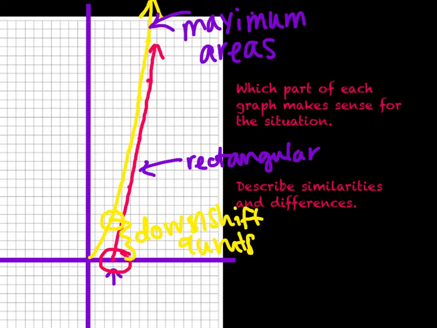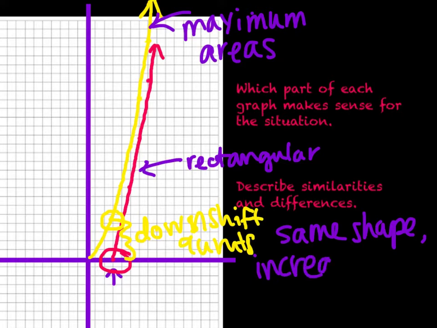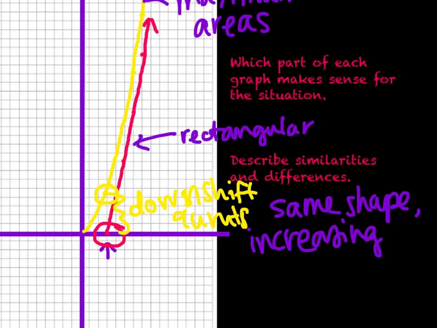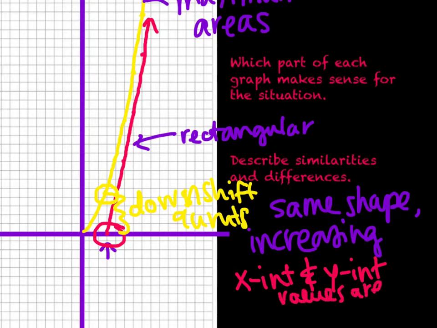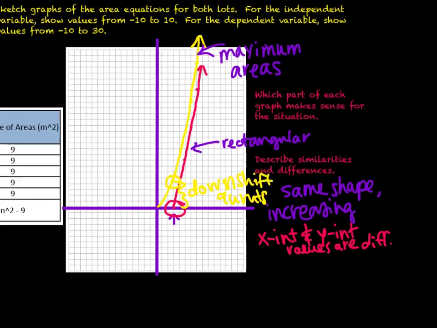The differences and similarities: they have the same shape, and they are increasing similarly, but the second graph is different in that it probably has a different x-intercept and probably also a different y-intercept value. So those are all things that make a difference within this concept.